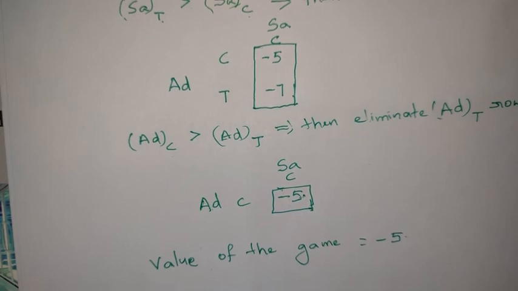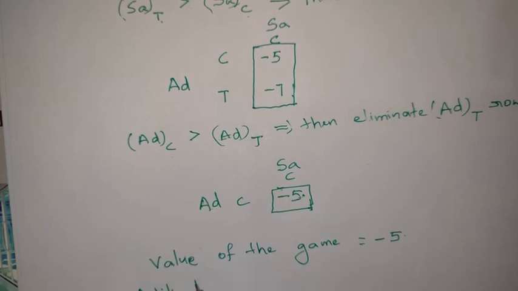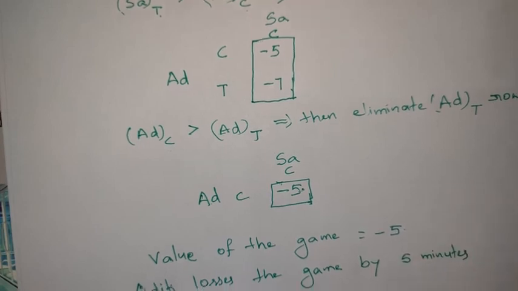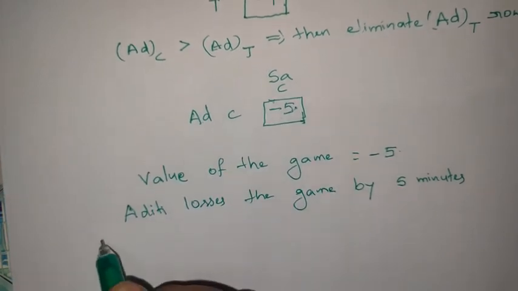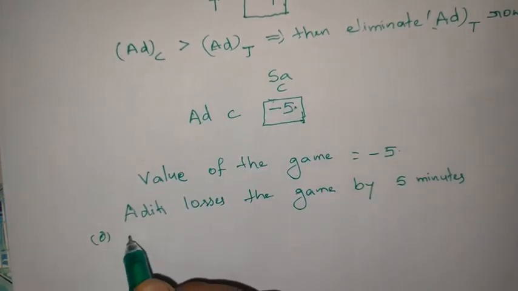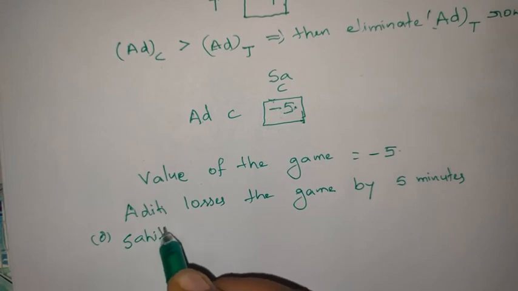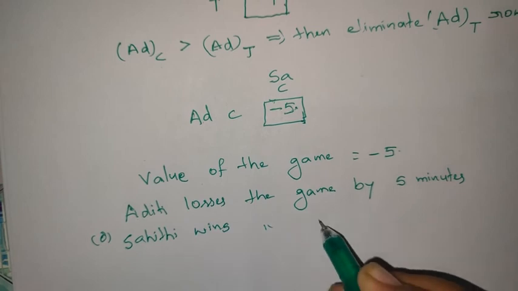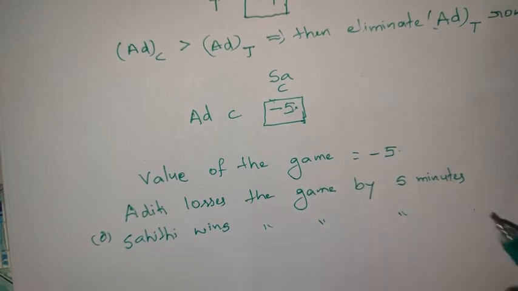Then write that Aditi loses the game by 5 minutes, or Sahiti wins the game by 5 minutes.